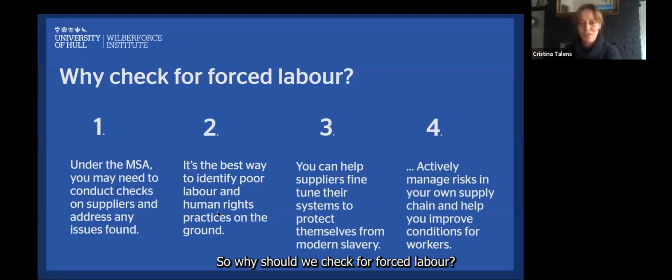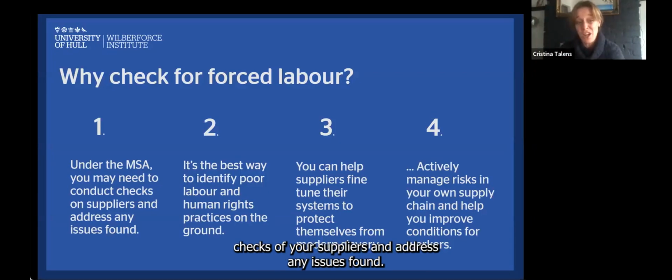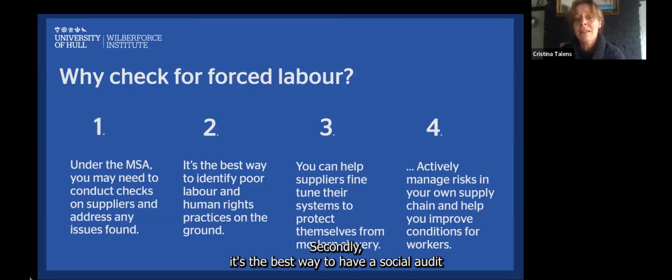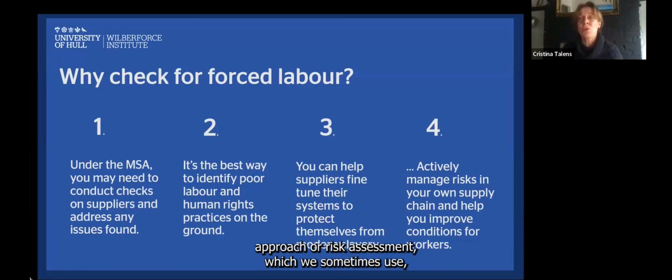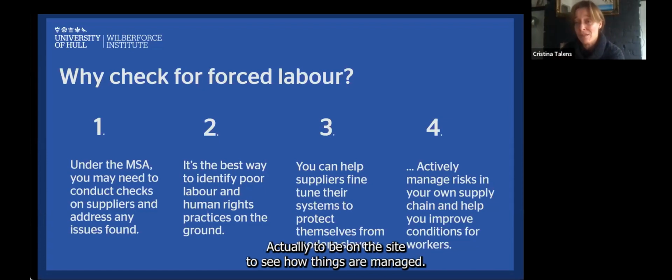So why should we check for forced labor? Well, under the Modern Slavery Act, you may actually need to conduct checks of your suppliers and address any issues found. So that's the first reason. Secondly, the social audit approach or risk assessment, which we sometimes use, is the best way to identify poor labor and human rights practices on the ground, actually to be on the site to see how things are managed.